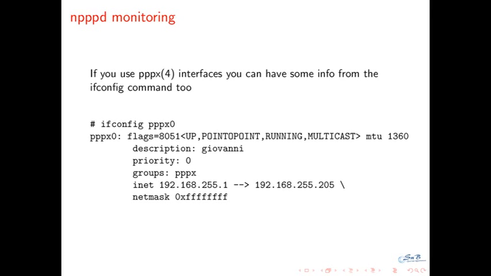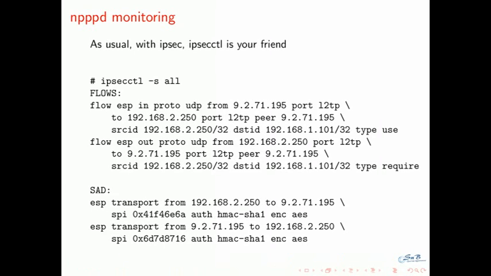So in PF you can filter for the interface group pipex, and you can, for example, do traffic shaping or whatever on the VPN. Maybe in the future there will be a more fine-grained integration with PF to be able to filter for a group of users or something like this. I haven't yet decided how.